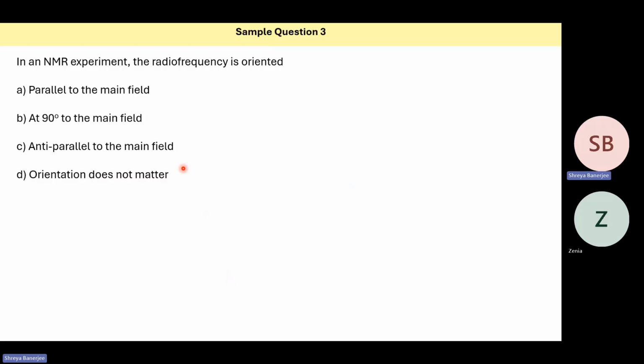Next question is asking, in an NMR experiment, the radio frequency is oriented in which direction?